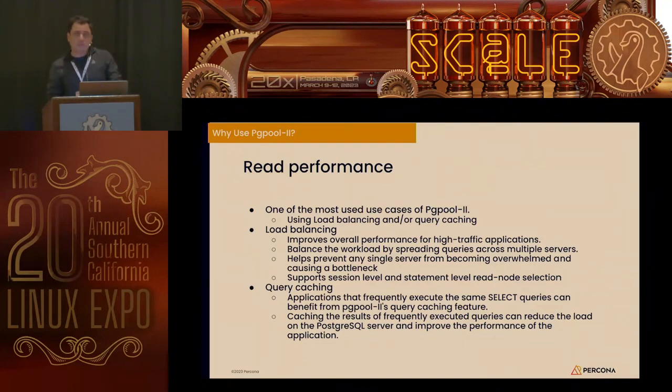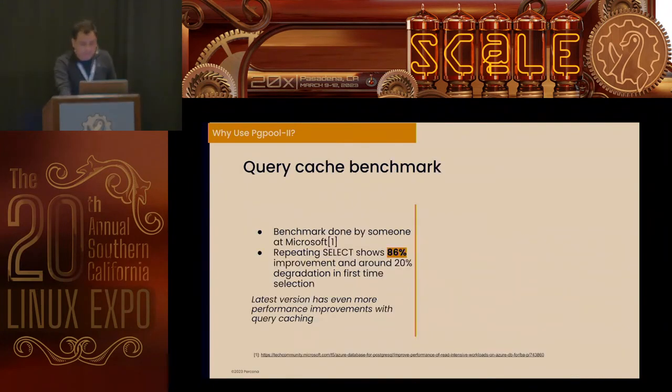So the first use case where you can consider using Pgpool is high load, if you want to achieve better performance than a single server. Then I think Pgpool can be very useful.